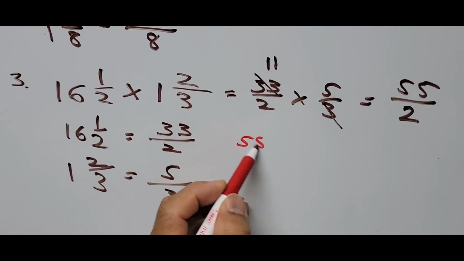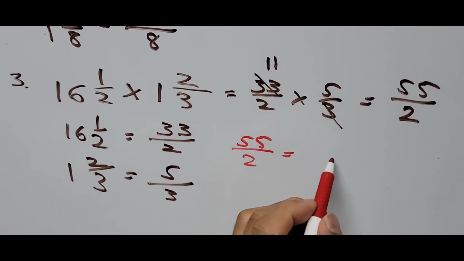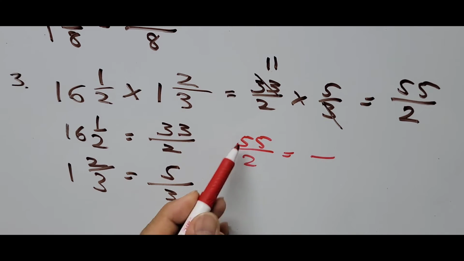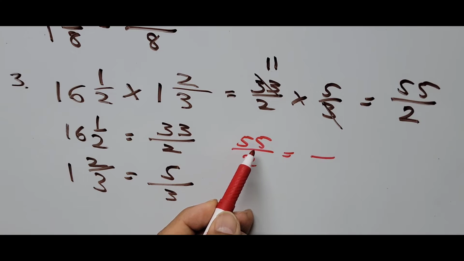So 55 divided by 2 is equal to, think of a number that you can divide by 2, or multiply a number by 2, to make it a whole number. How many 2's can you get from 55?